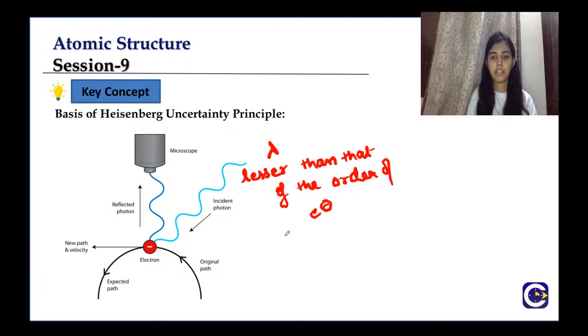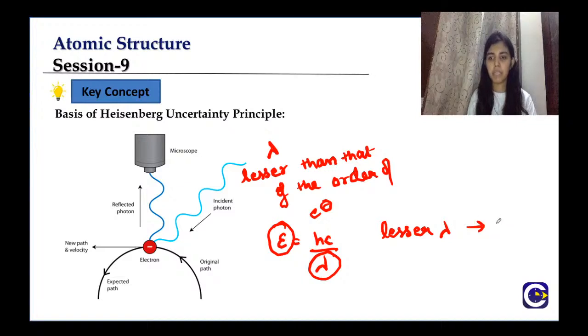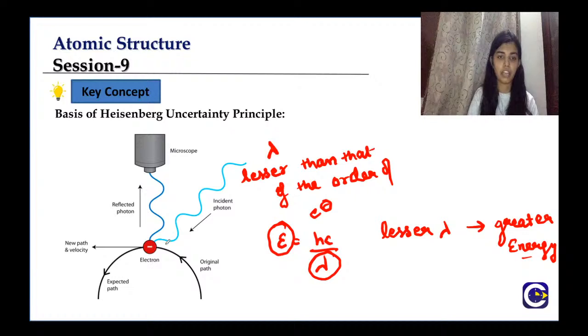So we know that E equals hc by lambda basically. So lambda and energy are inversely proportional. So lesser lambda will mean greater energy. This means that the radiation that we are taking is of greater energy, right?